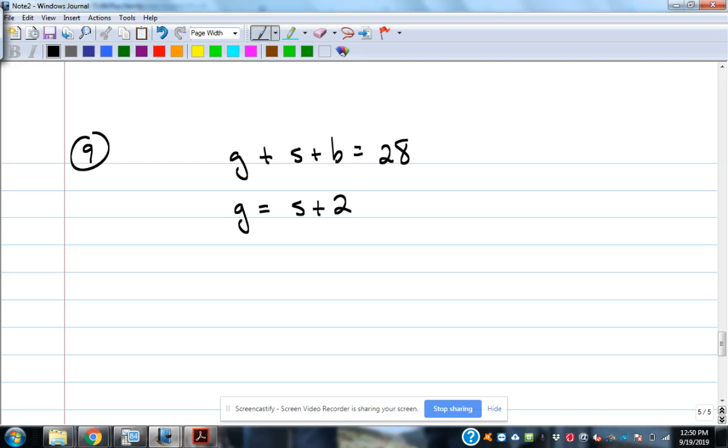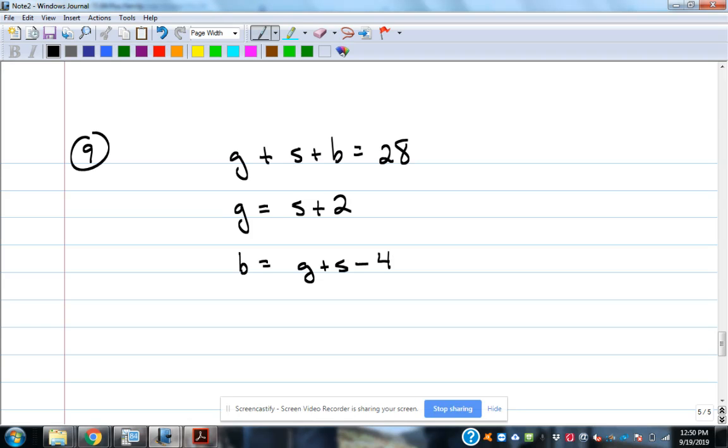And then the next statement about the bronze medals says it was 4 less than the sum of the gold and silver. So G plus S, or S plus G, doesn't matter what order, minus 4.